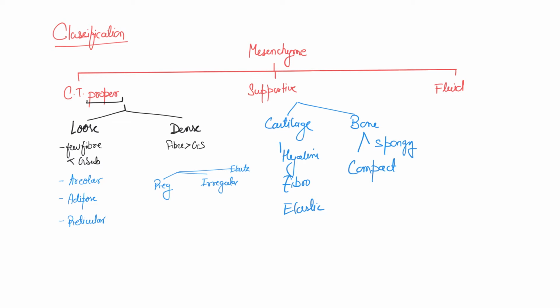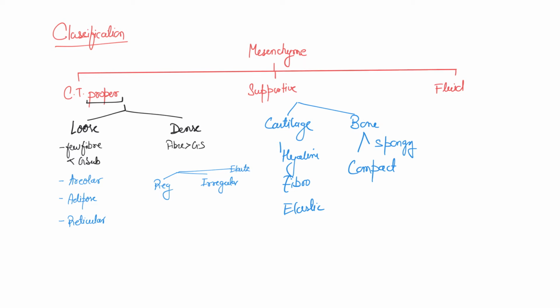For example, blood would be covered in a lot more detail in the circulatory system. Bone would be covered in a lot more detail when we'll be talking about the skeletal system of the body, right?